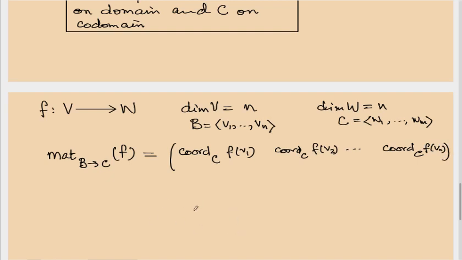So it's a matrix whose columns are the coordinates of the images of the basis vectors with respect to C.